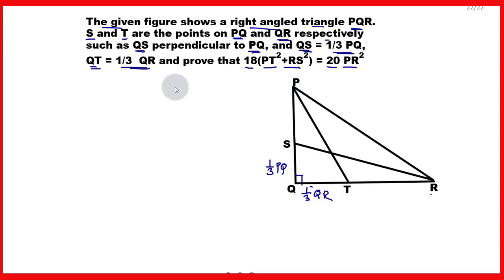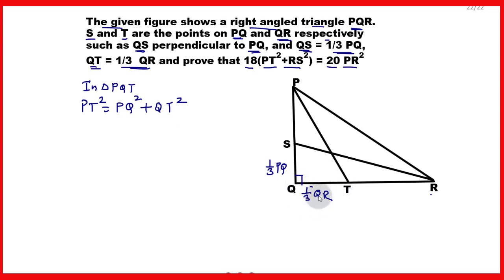In triangle PQT, since this triangle PQT is a right angle triangle, we can apply the Pythagoras theorem, and therefore we will get PT square, square of the hypotenuse, that is equal to sum of the squares of the other two sides. So it will be PQ square plus QT square. But we know that QT is what?